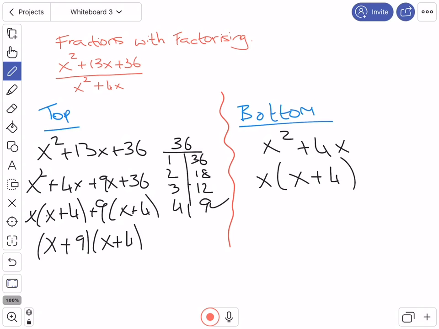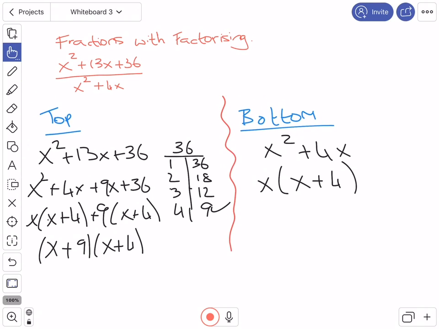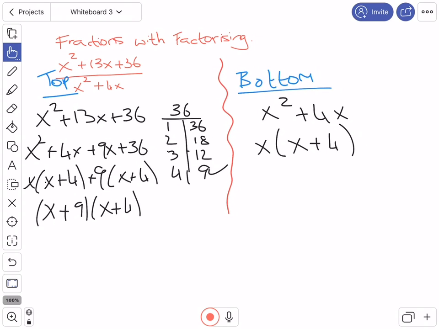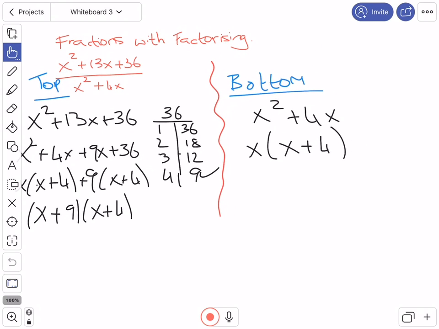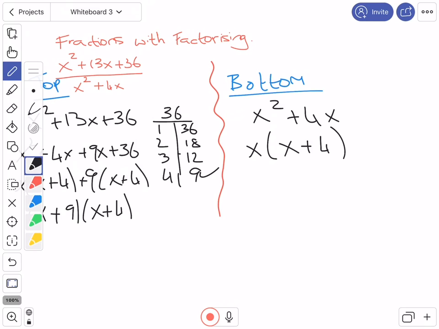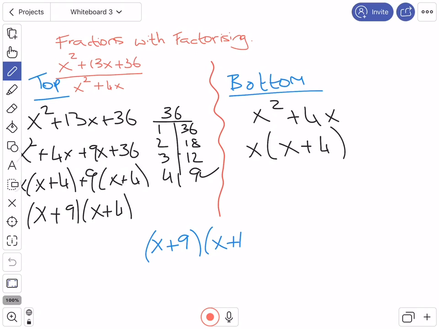Okay, the next thing that I now need to do is put them back together. So when I put them back together, what I'm going to end up with on the top is x plus 9 and x plus 4.